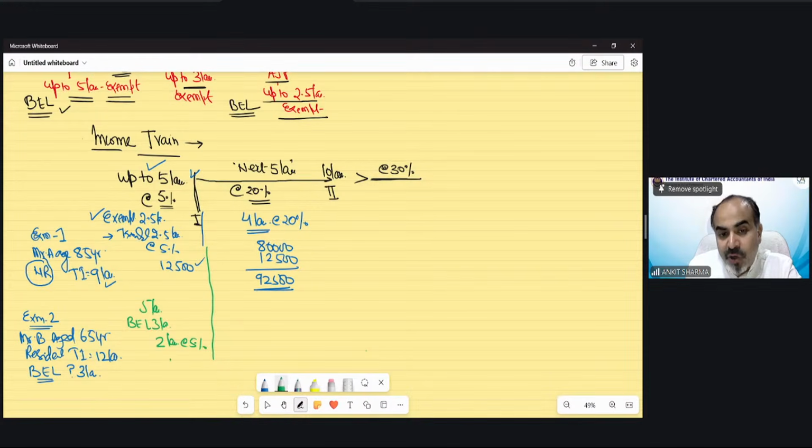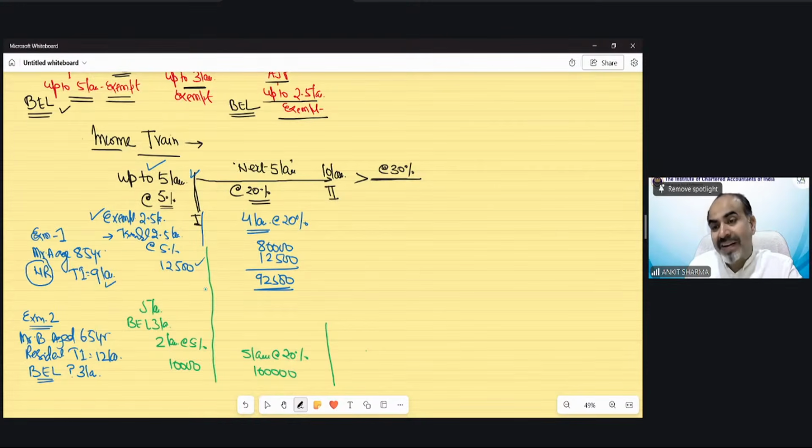So that is going to be 10,000. Now out of 12 lakh, 5 lakh treatment has been done. Now the next 5 lakh rupees is going to be taxed at the rate of 20%. So tax would be 1 lakh.